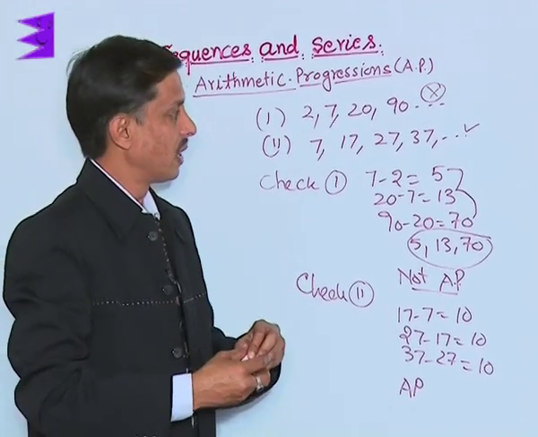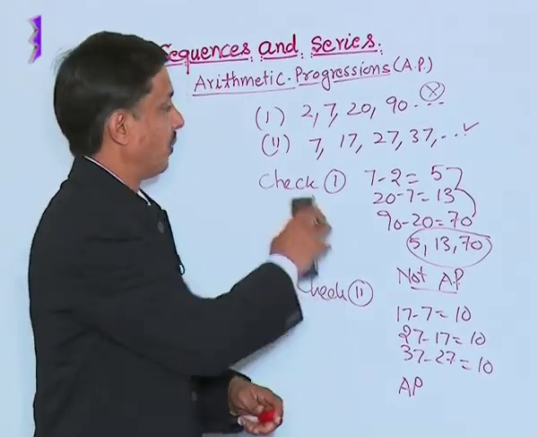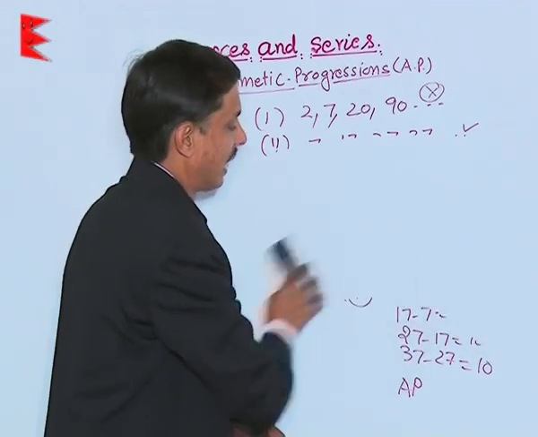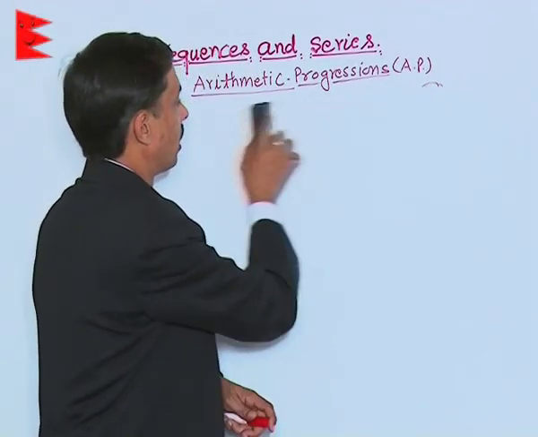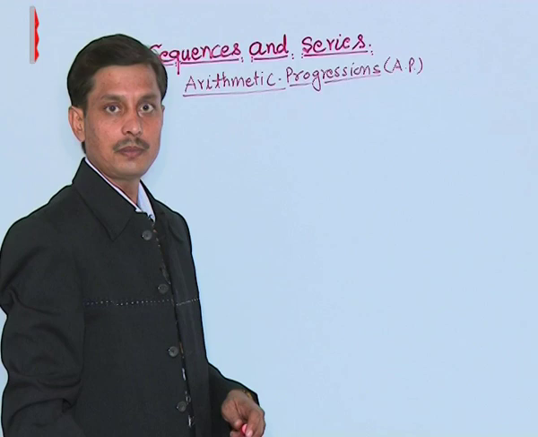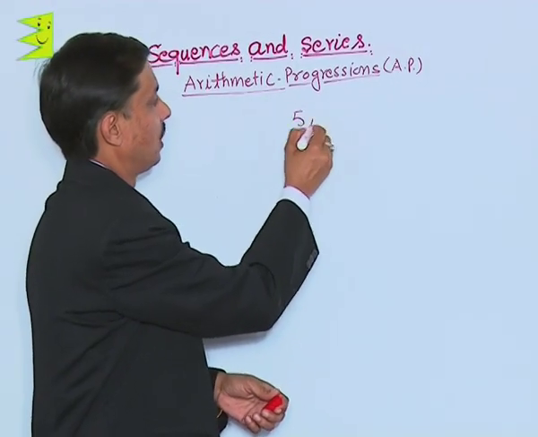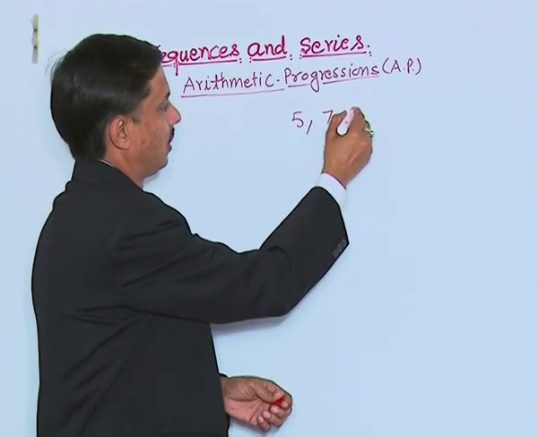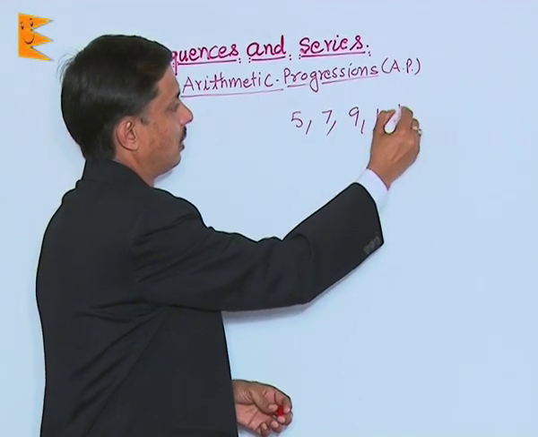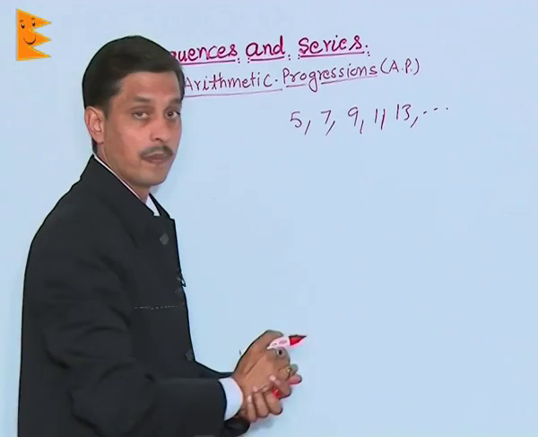One more thing I want to explain: if someone has written an arithmetic progression, it may be like 5, 7, 9, 11, 13 and so on.